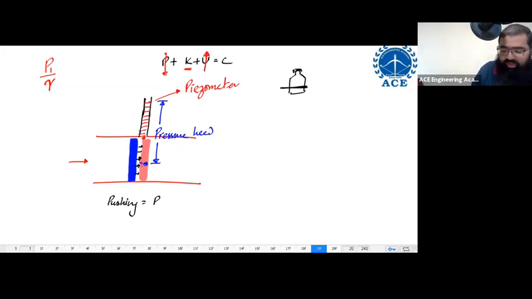It is a height of fluid required to maintain the pressure at this particular point. Are you following this thing? This point's pressure was becoming zero, so the fluid went up. Now you are having some pressure throughout over here. This pressure head has to be equal to whatever is the pressure over here, that is P divided by gamma. Are you following now the meaning of P by gamma over here? How do we get this?